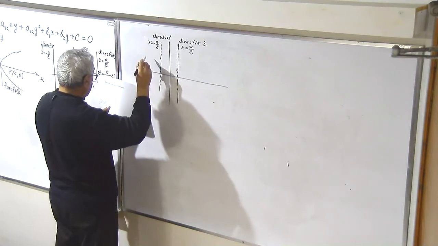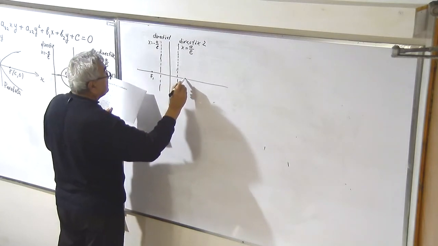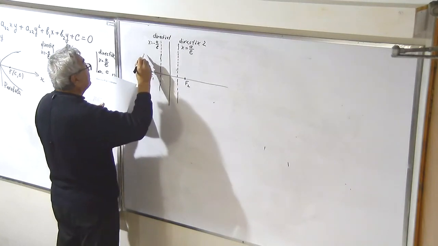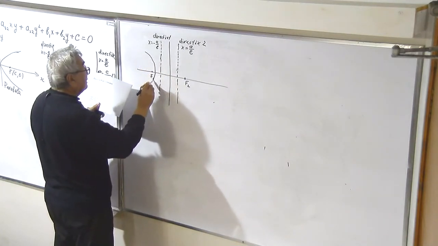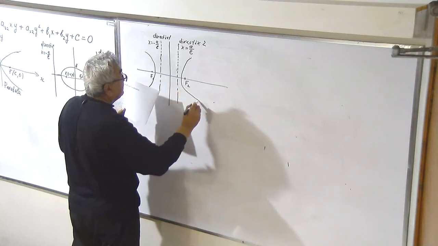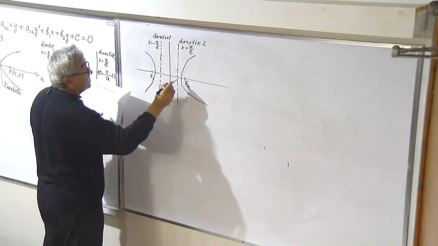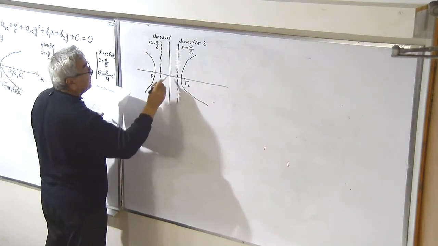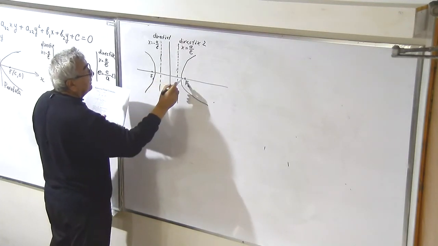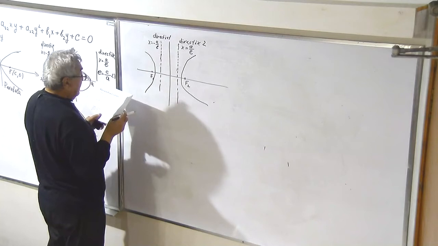So what will the graph be in this case? Here's a focus F1, here's a focus F2. We have the following.